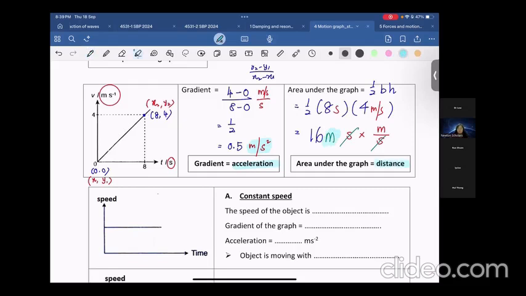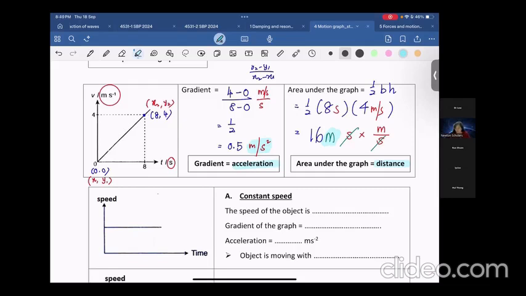Is that clear? For the distance time graph, we calculated the gradient, but we don't calculate the area under the graph because it doesn't bring any useful information. But with the speed time graph, we can not only calculate the gradient, but also get information from the area. So here, you found that you are calculating the distance.